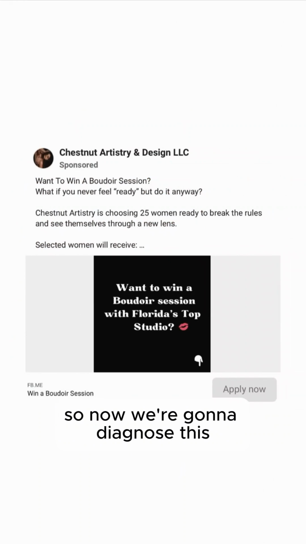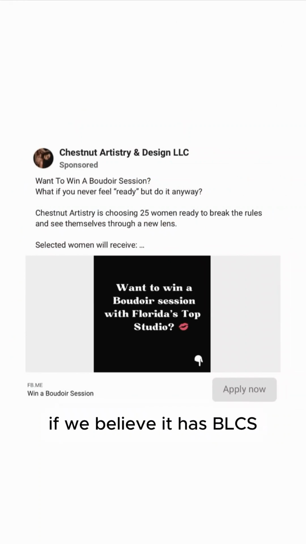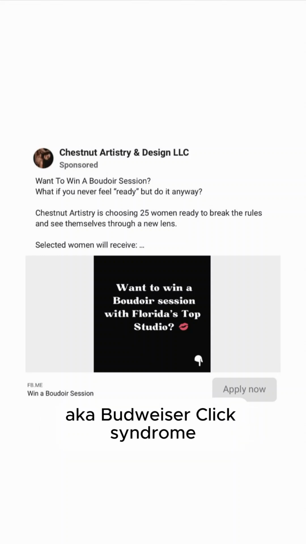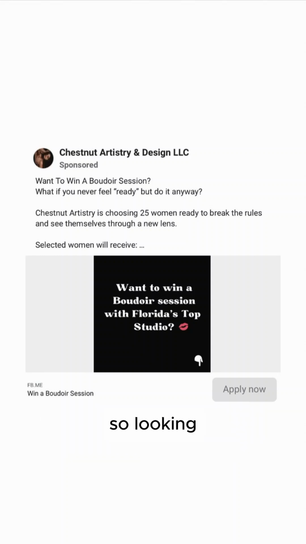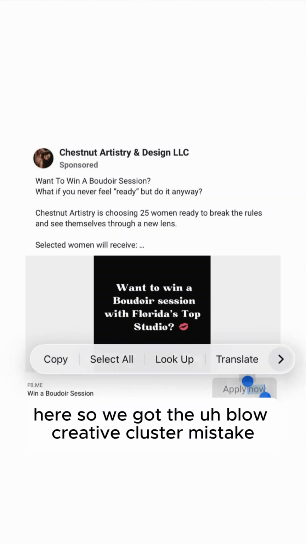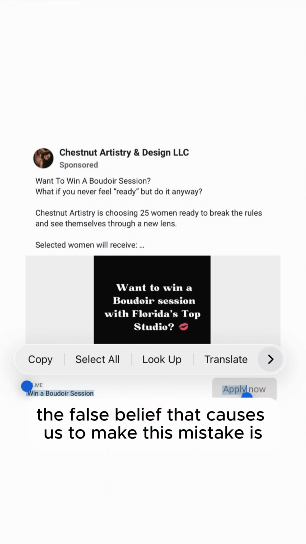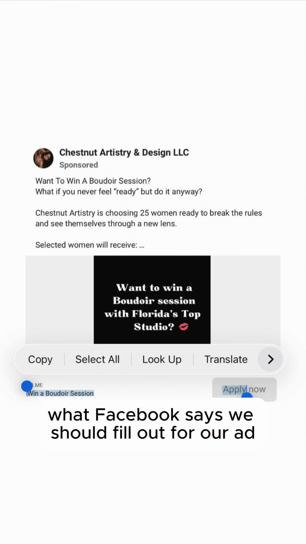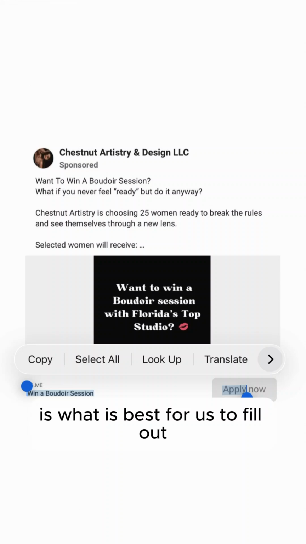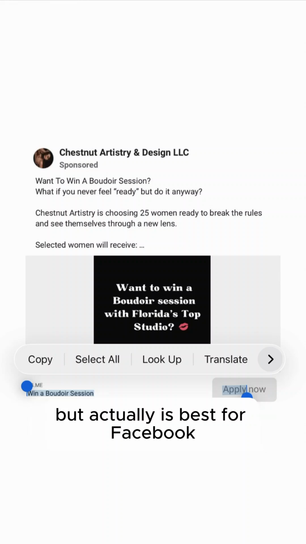Now we're going to diagnose this if we believe it has BLCS, aka Boudoir low click syndrome. So looking here, we got the below creative cluster mistake. The false belief that causes us to make this mistake is we're trusting that what Facebook says we should fill out for our ad is what is best for us to fill out, but actually it is best for Facebook.